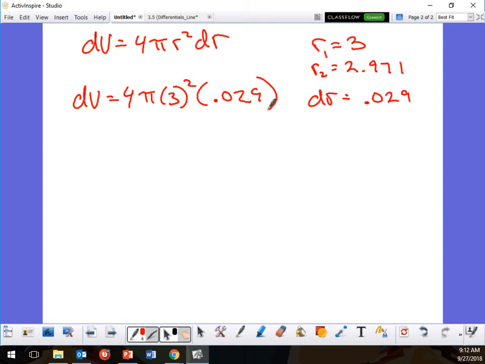What is it? Point what? 1.044 pi, I believe. No, multiply by pi. Oh wait, hold on.